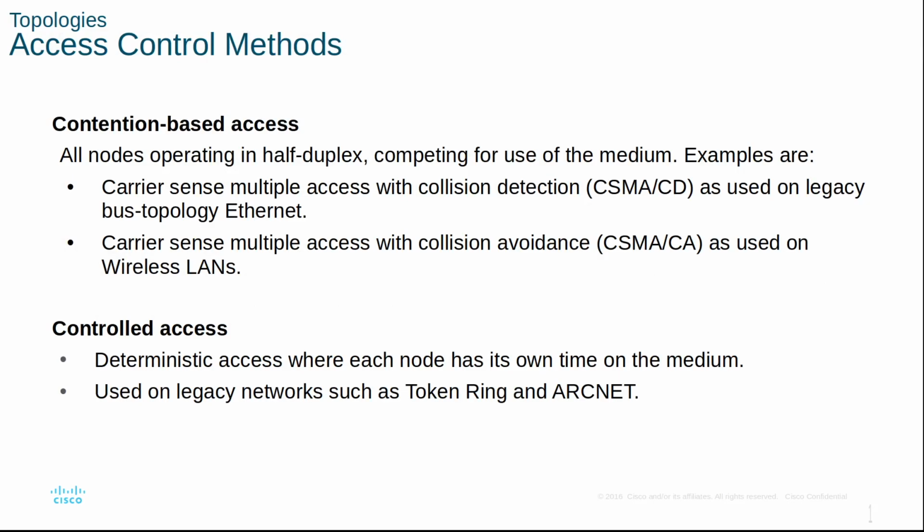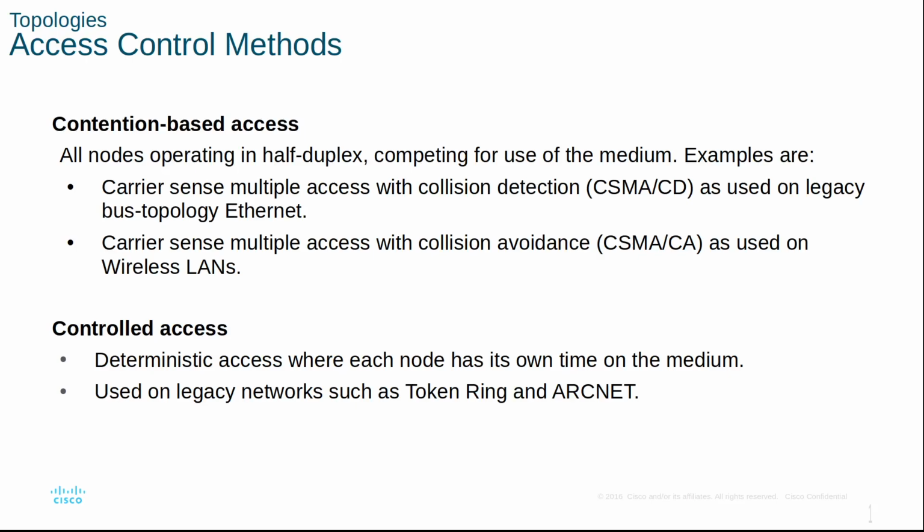So with anything using half duplex, you have to have some sort of mechanism to determine and inform the other devices who's allowed to communicate and who's not. So we used to use CSMA CD, carrier sense multiple access with collision detection. We still use CSMA CA, carrier sense multiple access with collision avoidance instead of detection. CSMA CA is used in wireless LANs.